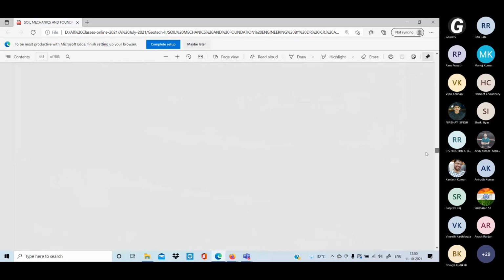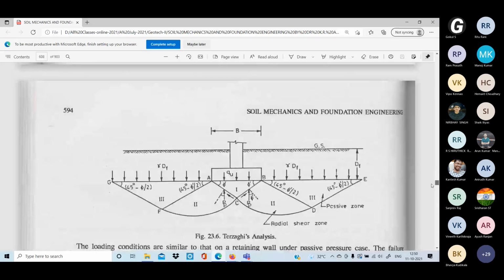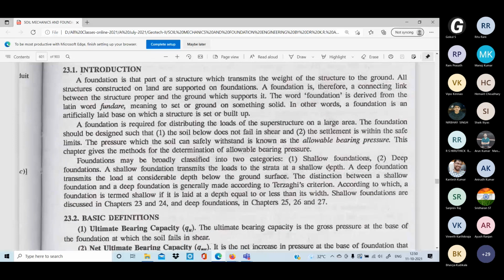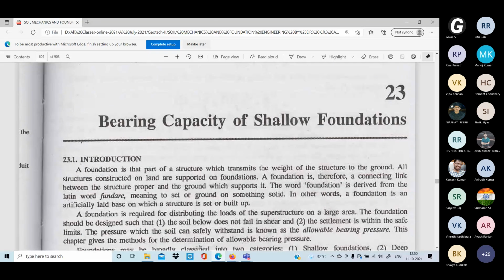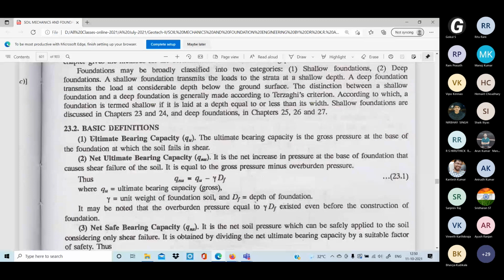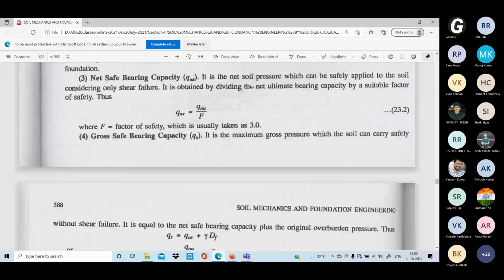We just check it. Here we started with the bearing capacity of a shallow foundation. Initially we saw the basic definitions: what is ultimate bearing capacity, what is net ultimate bearing capacity, net safe bearing capacity by dividing with the factor of safety, generally we take 3 for foundation.